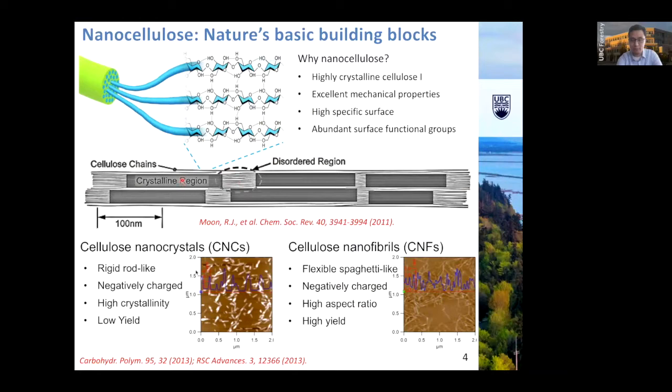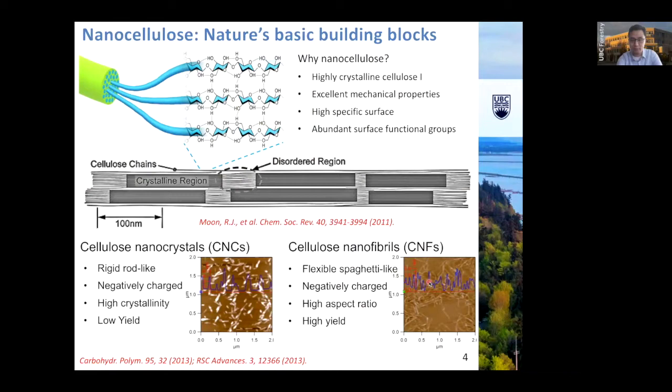Those nanocelluloses are rod-like with very high crystallinity, which can be over 90%. Another is if we break the interfiber hydrogen bonding while keeping the amorphous and disordered regions, then we can get long flexible nanofibers. Those flexible nanofibers are very thin, a few nanometers in diameter, and also have very high aspect ratios.